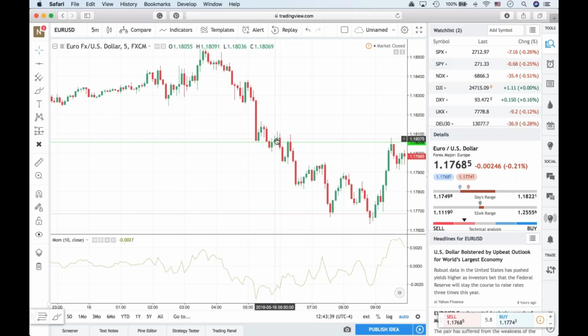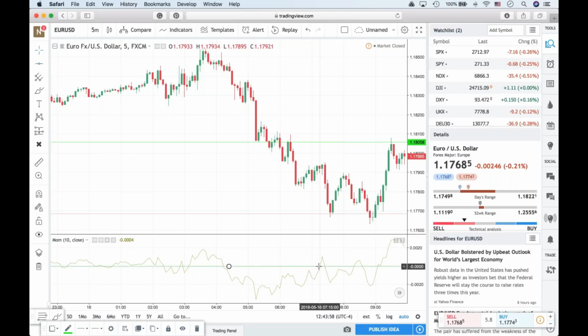Now, it's not enough. Okay, we have one more step to go over, and the one more step is, of course, the momentum. Okay, so the momentum, we are basically going to look at one level here. We're going to look at the 0 level.